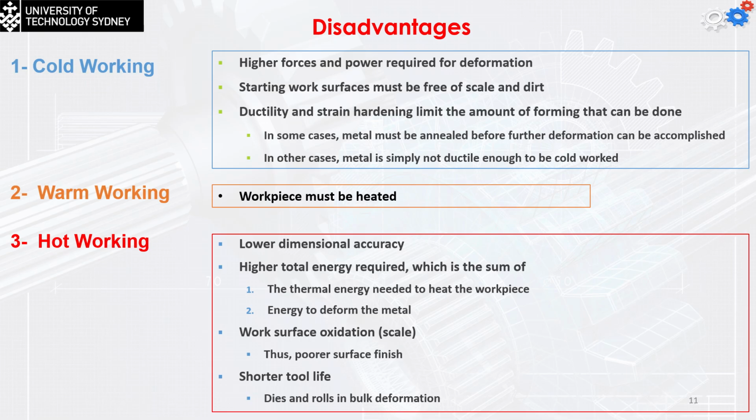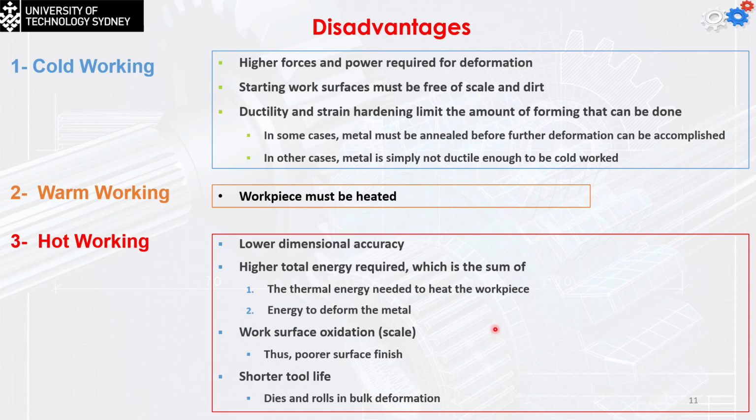For the warm working, the workpiece must be heated. For the hot working, we're going to have lower dimensional accuracy, because the part is going to shrink after the heating up. Higher total energy is going to be required, which is the thermal energy needed to heat the workpieces plus the energy to deform the metal.